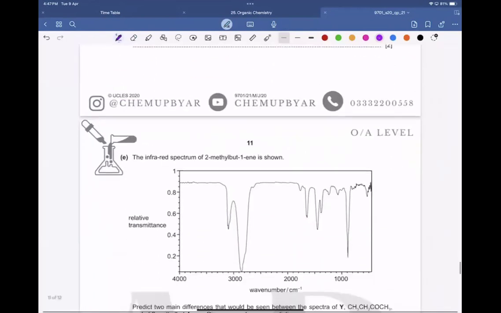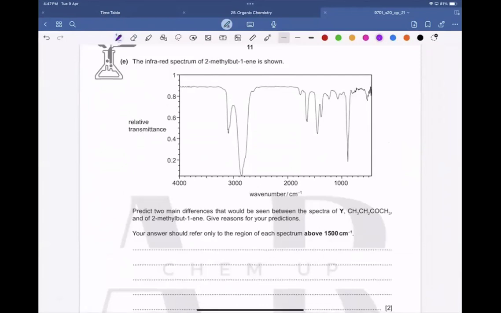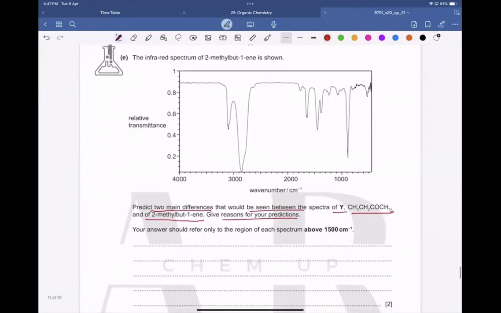Now, the infrared spectrum of 2-methyl butene is shown. Predict two main differences that would be seen between the spectra of Y and of 2-methyl butene. Give reasons for your predictions.